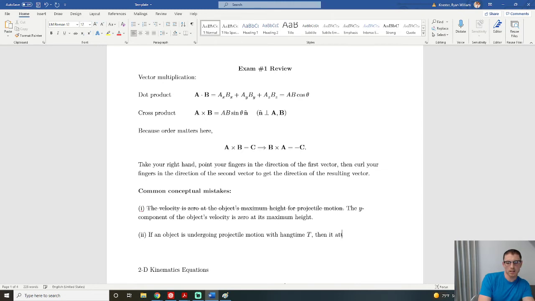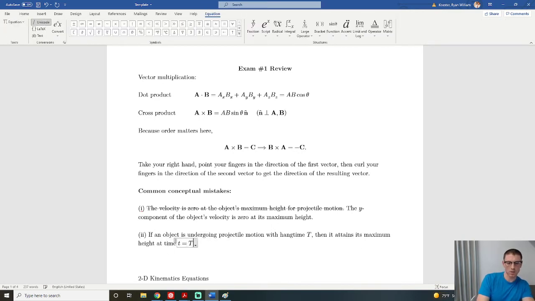Then it attains its maximum height at, let me say, time t equals big T over 2.